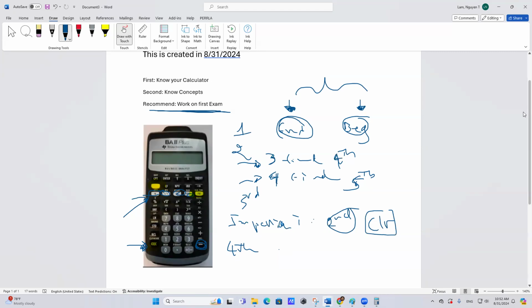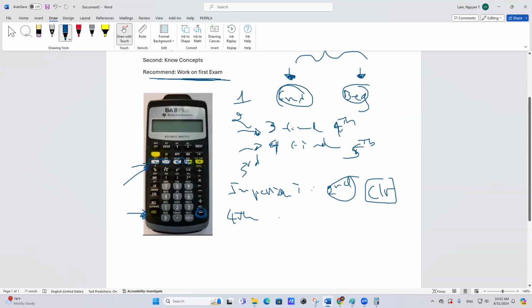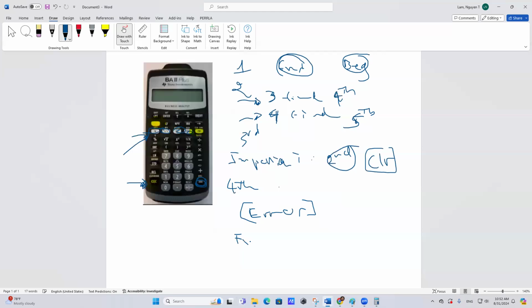All right. Fourth thing to watch out for is that sometimes you see an error when you hit compute. That is because of how you are entering the values.